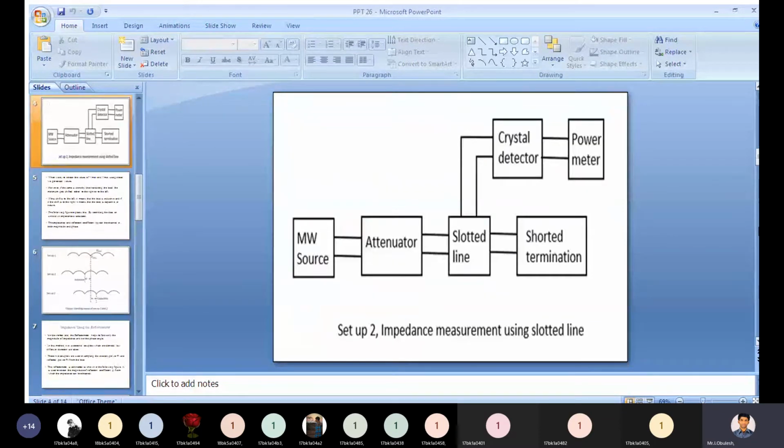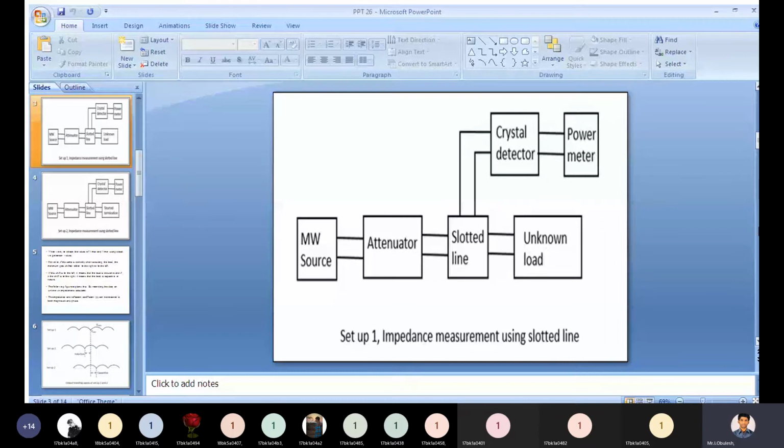From this, you just need to remember: when we obtain the values of V maximum and V minimum using a load, we get certain values.